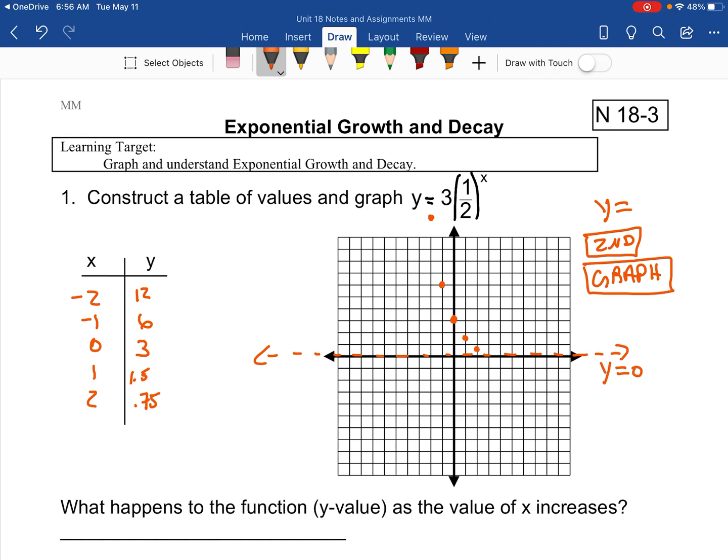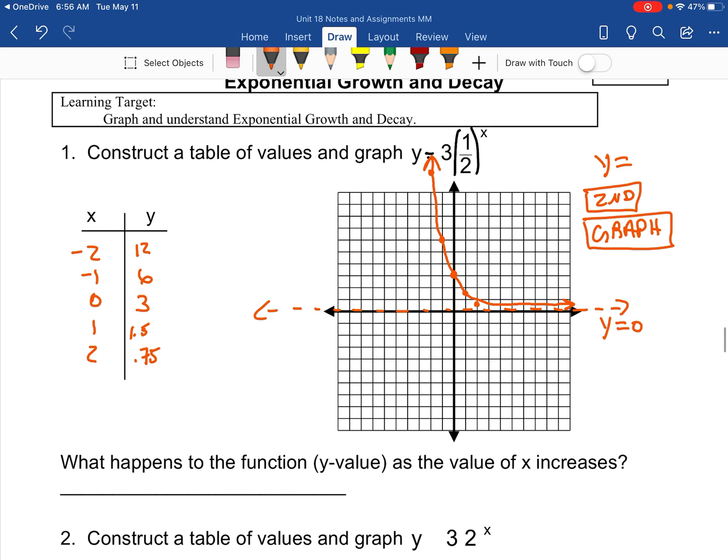That's an asymptote. So the graph is going to curve down and flatten out as it gets closer and closer to that x-axis, but it will never touch it.